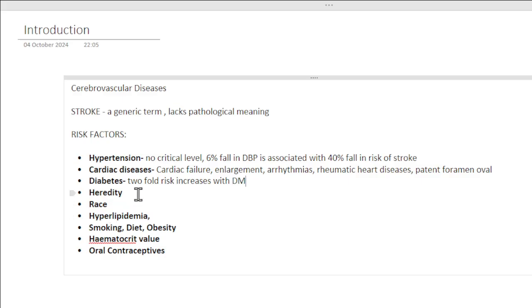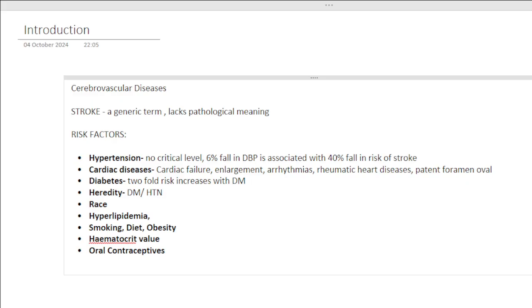Now let us talk about heredity. I would say close relatives are at higher risk. It has been seen genetically. Mostly diabetes mellitus and hypertension, these two factors are the key here.